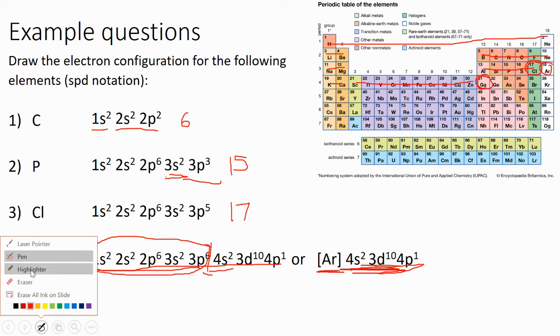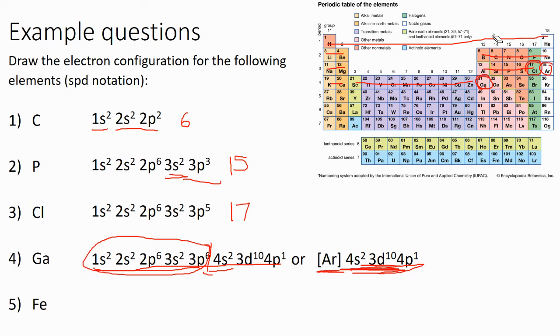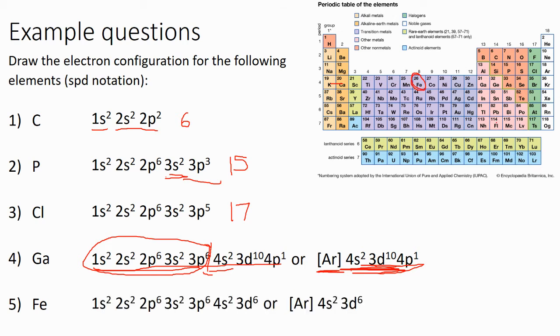Now let's have a look at iron. Iron metal is a transition metal. So let's find it on the periodic table. So we've got iron here. Atomic number of 26. So it's going to have 26 electrons. So up to argon is the same.